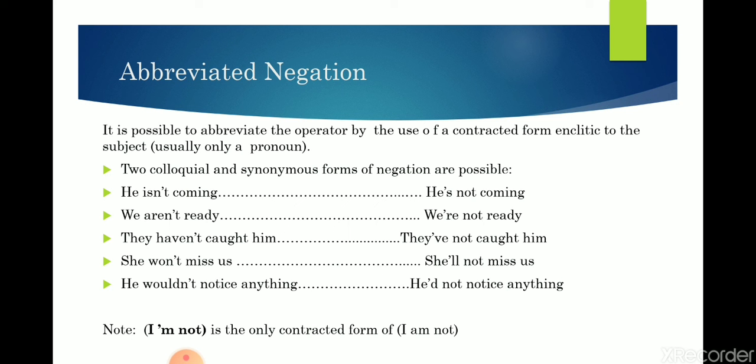So the only abbreviated form for a sentence that has am as the auxiliary verb is by abbreviating the operator itself by deleting the A letter and adding an apostrophe. But we cannot abbreviate the word not here. It is not possible to do that.